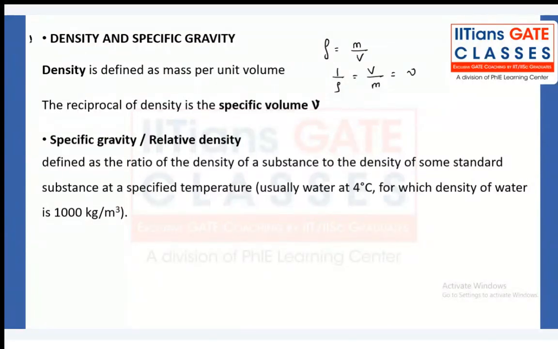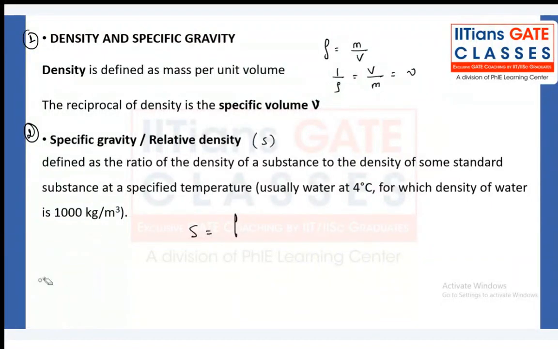You can just keep it like property number one. Now, property number two is specific gravity or relative density, guys, which is generally denoted by S. What is the definition of S?